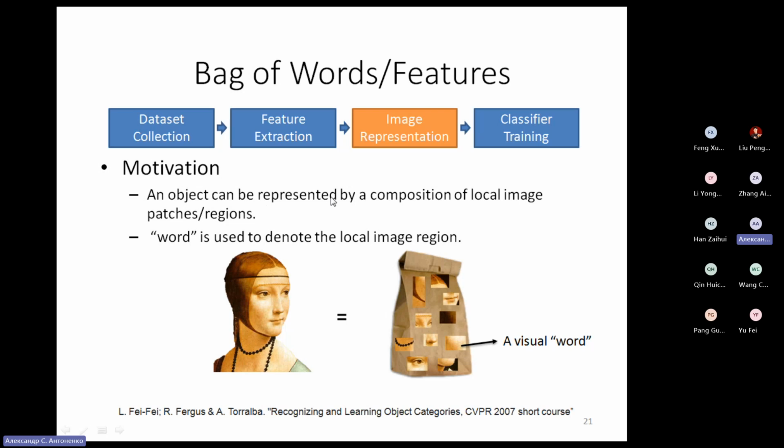Actually, we can use it for images. An object can be represented by a composition of local image patches, so-called visual words. These are small areas typical to compare with others.